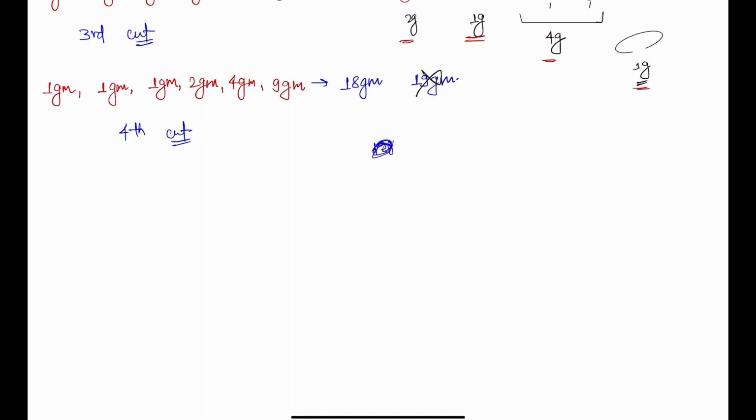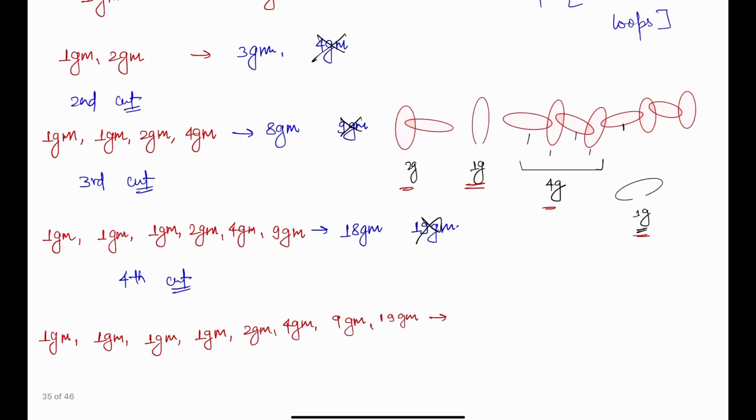Let's just take on the fourth cut, how much will we have? 1 gram, previous 1 gram, previous 1 gram, previous 1 gram, then one new 1 gram, then the previous 2 gram, 4 gram, 9 gram, and 19 gram. So with this much, how much can we use?